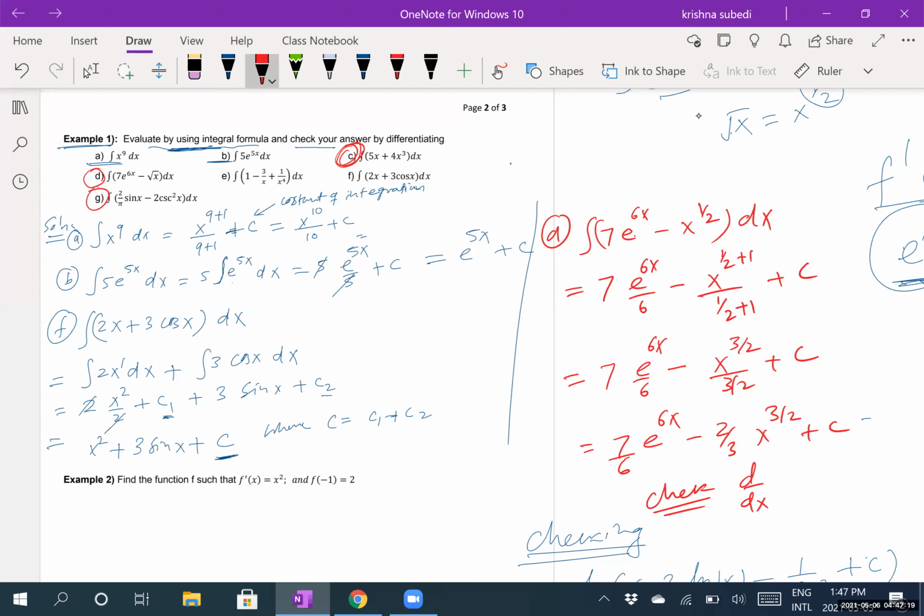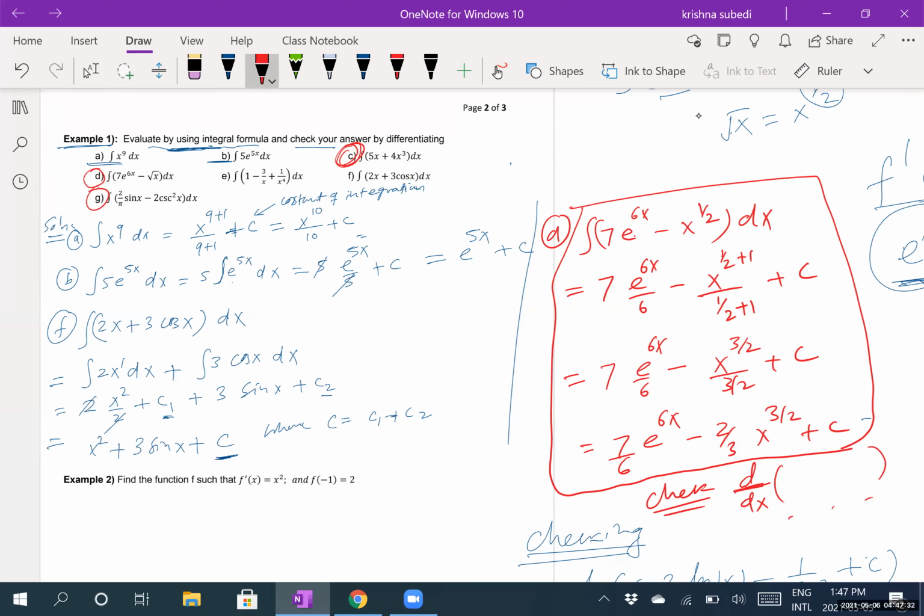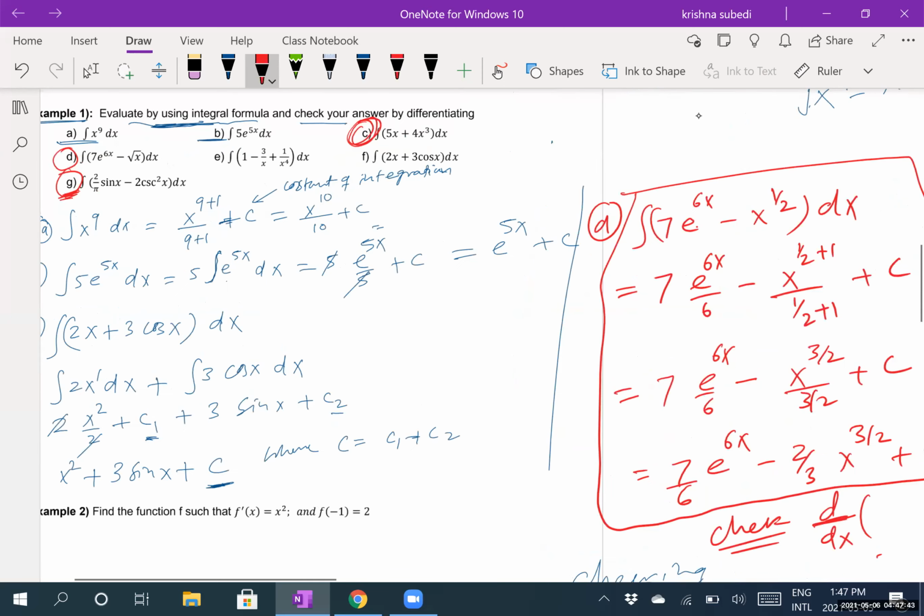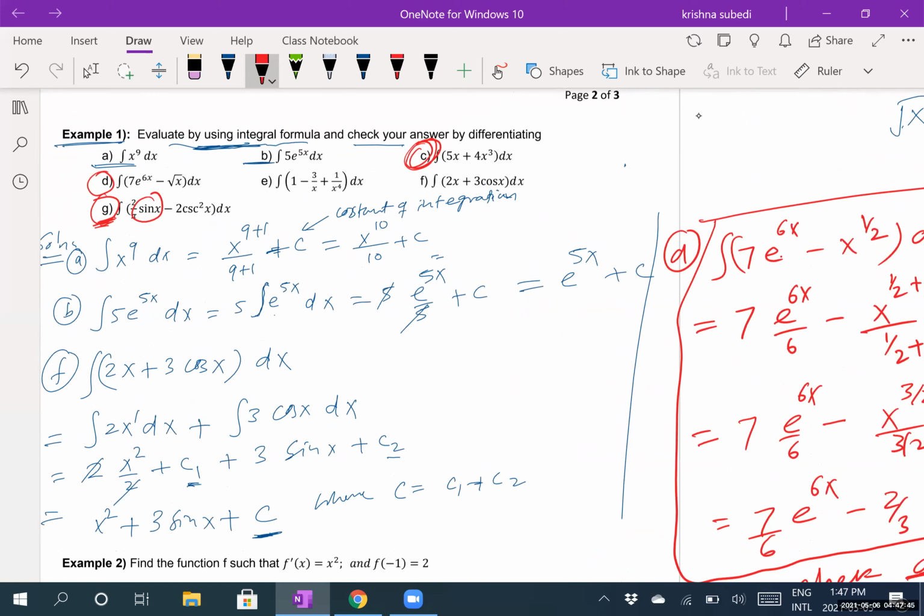Right, so for part D, this is what we got. And for the checking part, I trust that everybody knows how to find the derivative, and I leave it to you. Part E also, I think you can do in the same manner. You know the formula, because the formula is already provided for sine x there, but if you forget the formula, you can derive it.